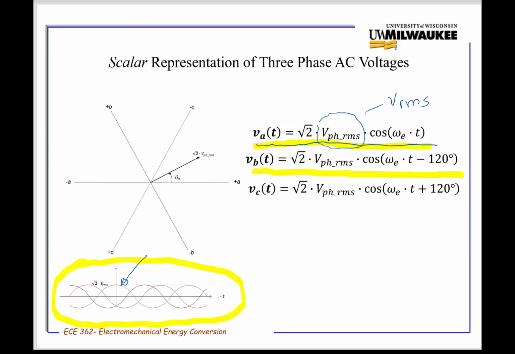The second one I'm going to call VB. And I have a third voltage, VC. This is VB. Which of these three waveforms do we think is VB? We'll recall again that this x-axis here, if we say that is omega t or omega e times t, it's the same as saying an angle theta e.